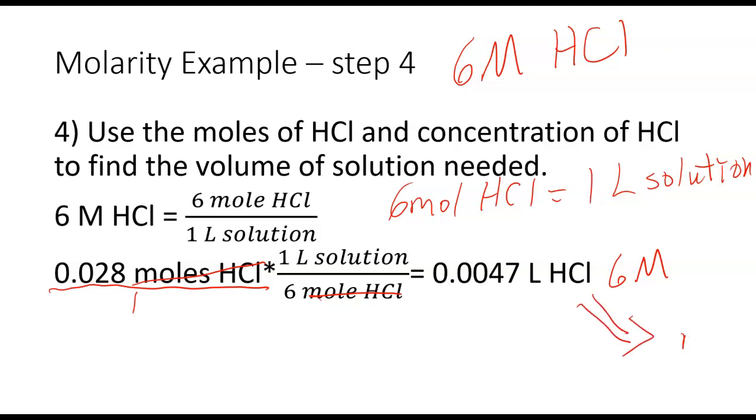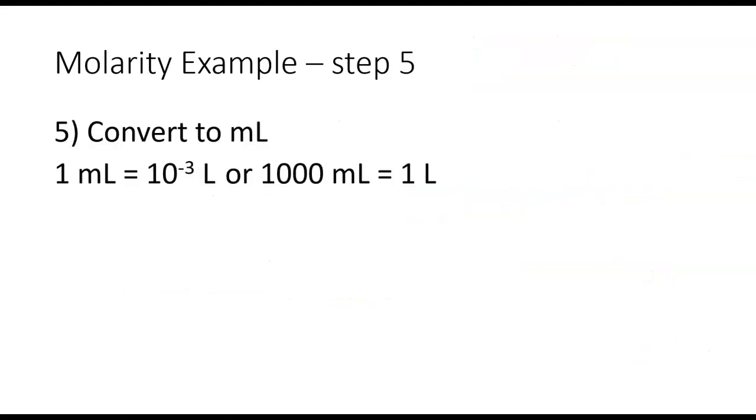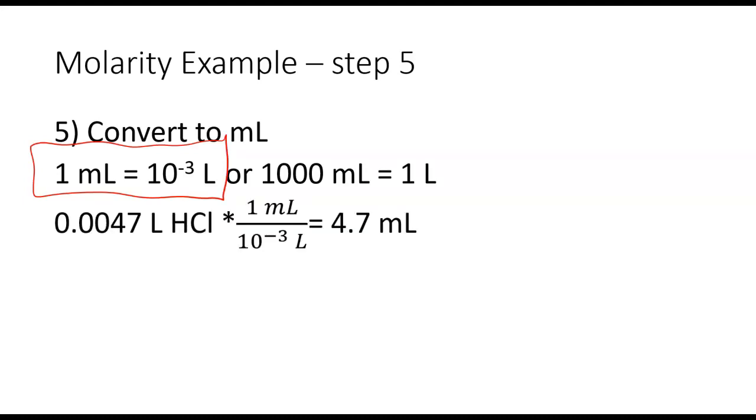The problem wanted milliliters though, so now I can convert the liters into milliliters. So I have 1 milliliter equals 10 to the negative 3rd liters, or 1,000 milliliters, 1 liter. We're going to use this conversion factor. Either one will get you the same mathematical answer. So I have 0.0047 liters of HCl. I'm going to multiply by 1 over 10 to the negative 3rd.